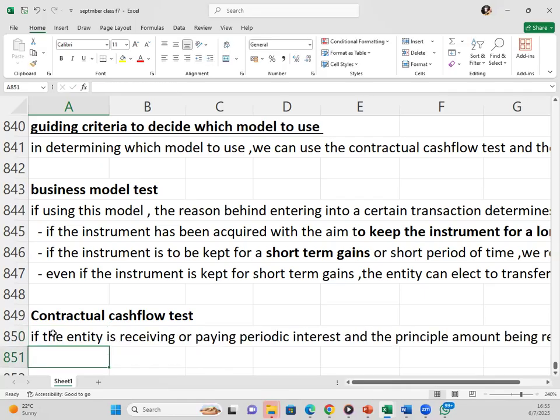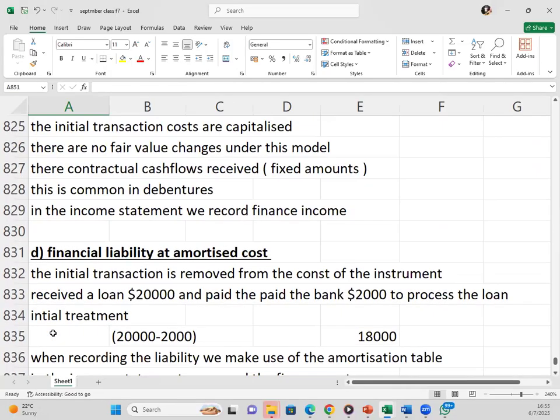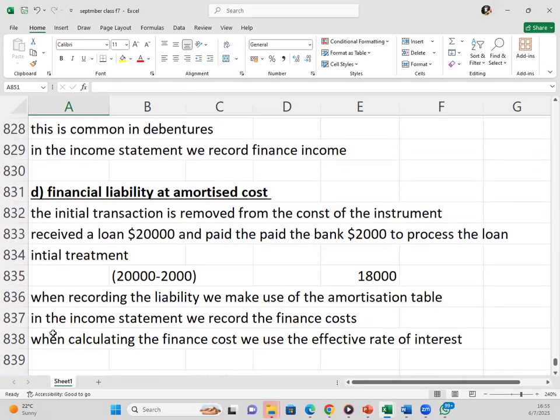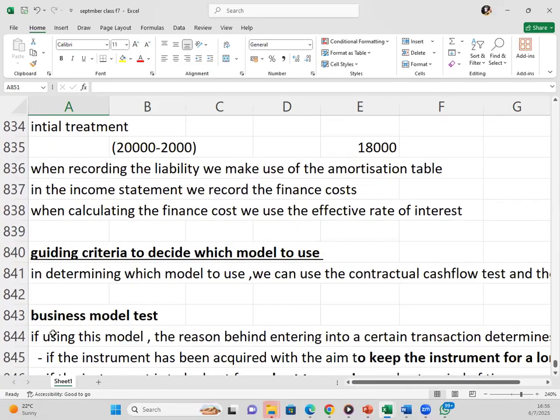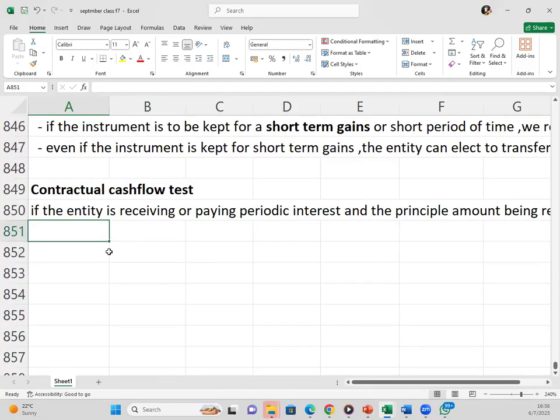So remember that if it's either a financial asset at amortized cost or a financial liability at amortized cost, they don't have revaluation gain, but they have a loan amortization. They have an amortization table.